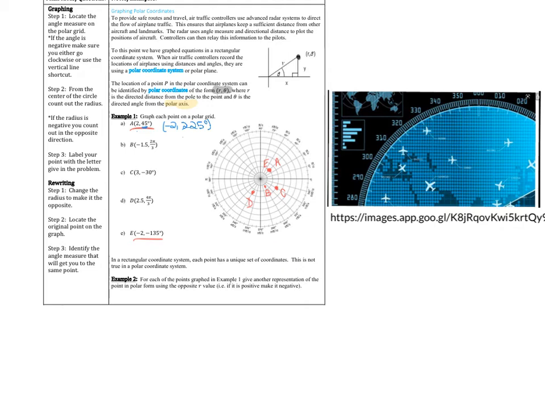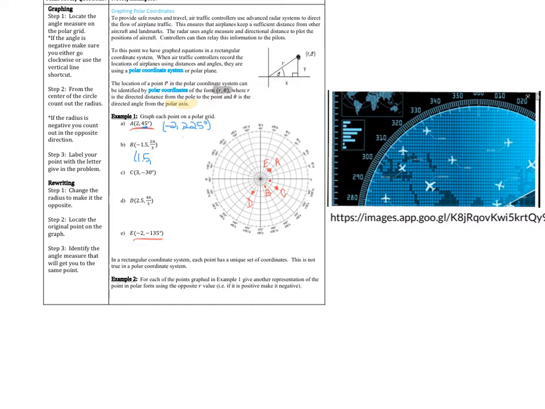Okay, we're going to continue trying that with each one of these. So B, the opposite of negative 1.5 is going to be positive 1.5. So I'm going to start. Where's my origin? I'm going over to negative 1.5, or positive 1.5 this time because I want the opposite.